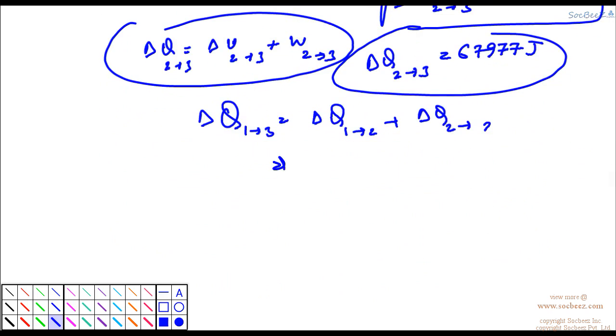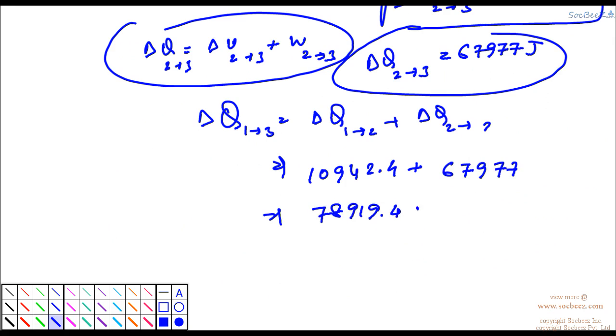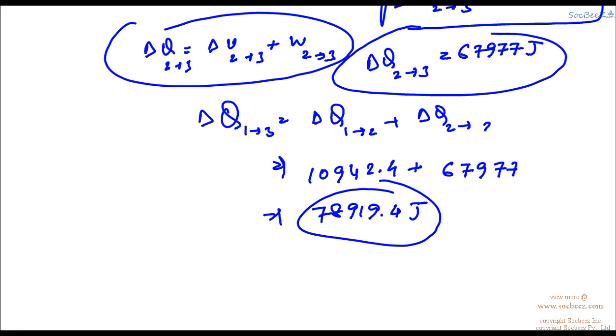So on adding them, what we get is 10942.4 plus 67977, that is equals to 78,919.4 joules.